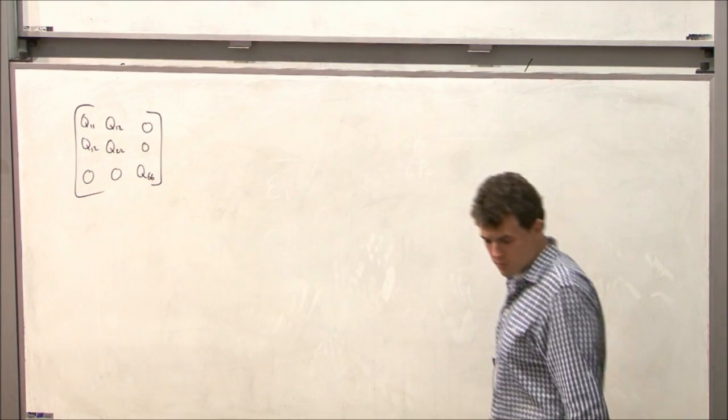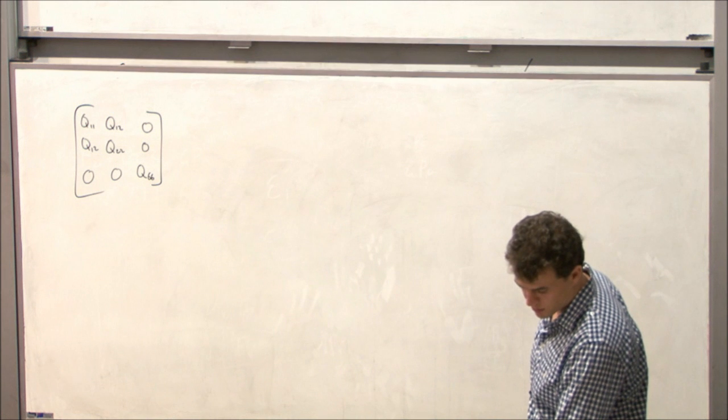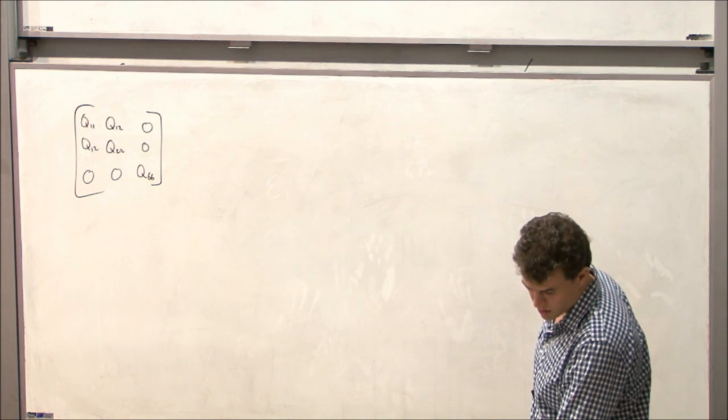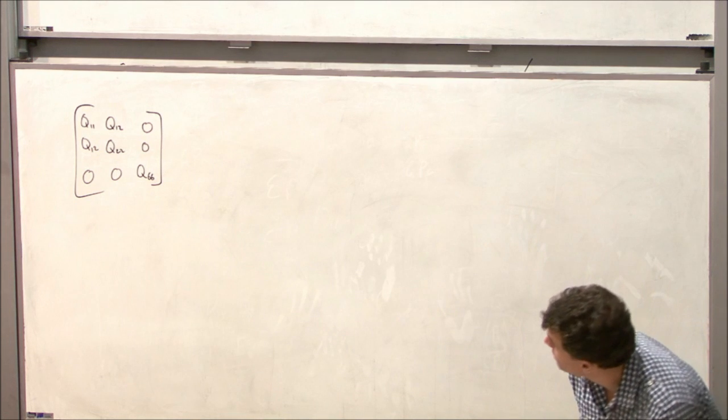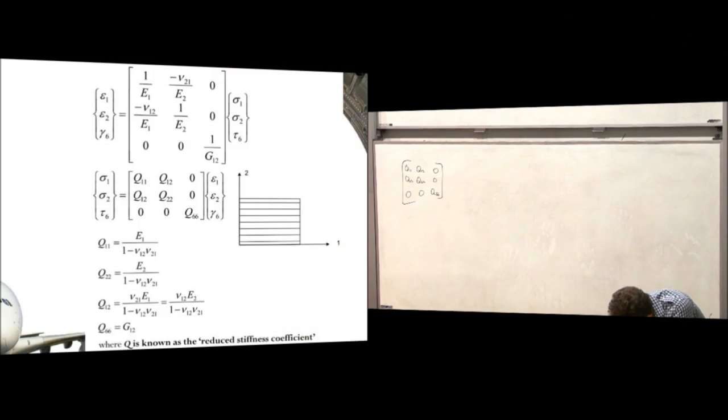Okay, so just some clarification before we go through this calculation. Notice here that I've got subscripts of 1, 2, and 6, and there's also 1, 2, and 6 in here. This is in the material axes. So this relates the stress and the strain in the material coordinate system.